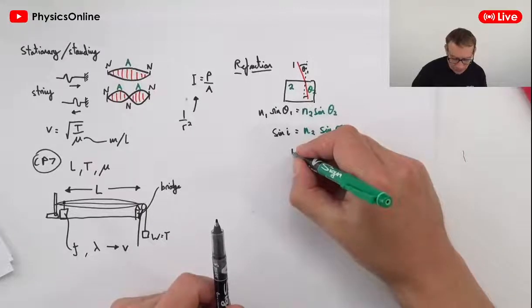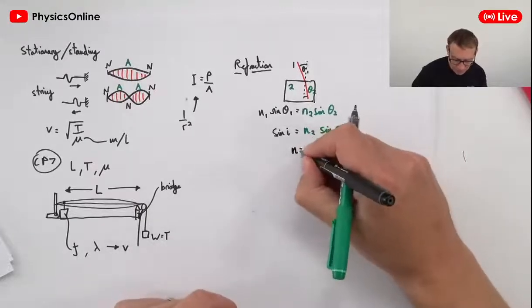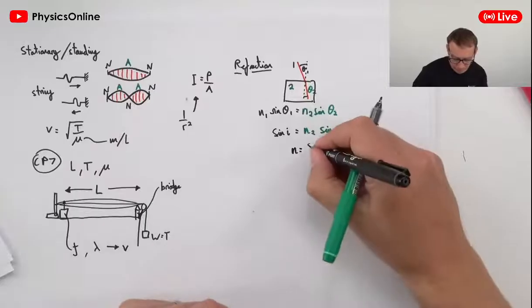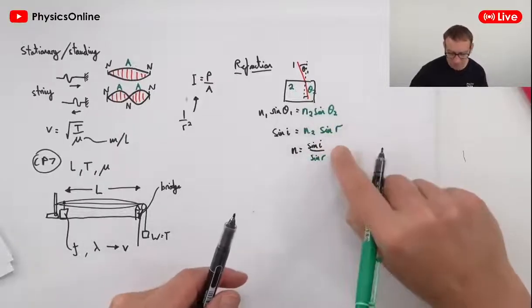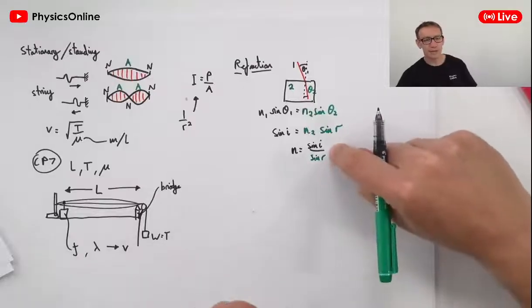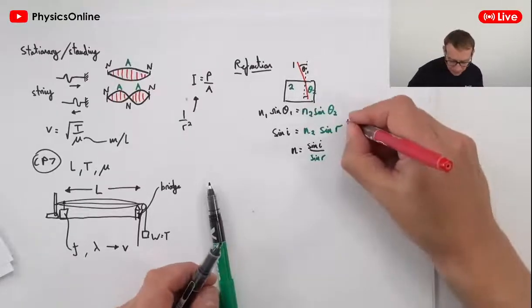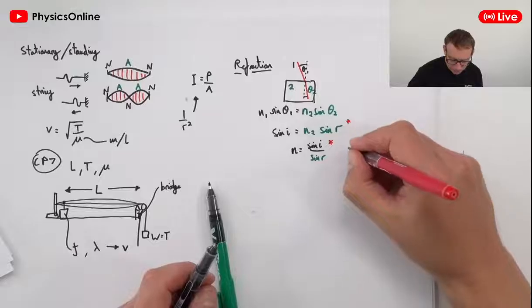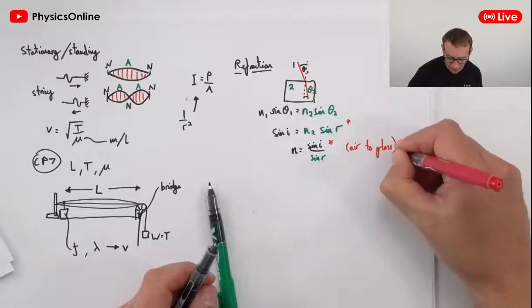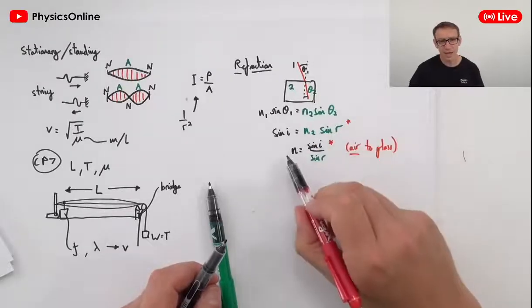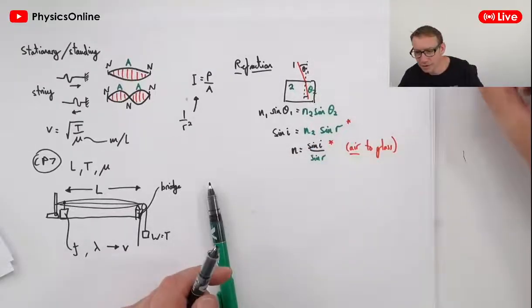And therefore the refractive index of these two things, N, is just equal to sine I over sine R. Okay, so that's the simplest form. I'm just going to put this with an asterisk up here. This is maybe like air to glass, or air to plastic. So this only happens if you've got air, where N1 is equal to 1.